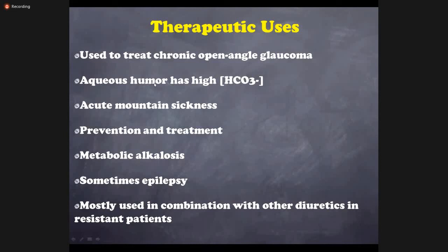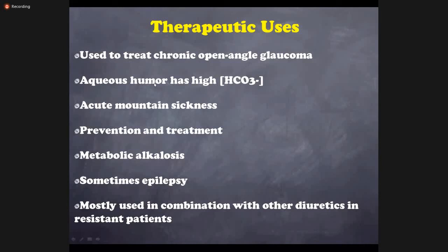Glaucoma involves two mechanisms: either increased production of aqueous humor, or impaired drainage or outflow.